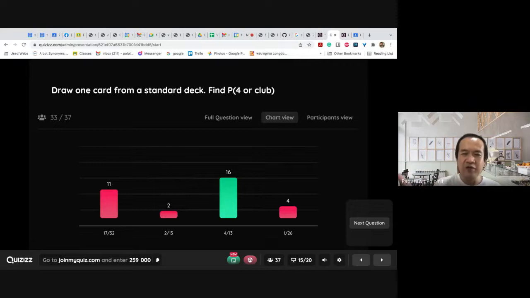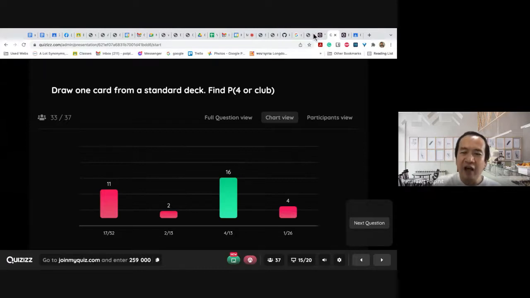I think next week we will find this number quickly, but let's start with a little bit of counting. The number of cards that have number 4: there are 4 of them.